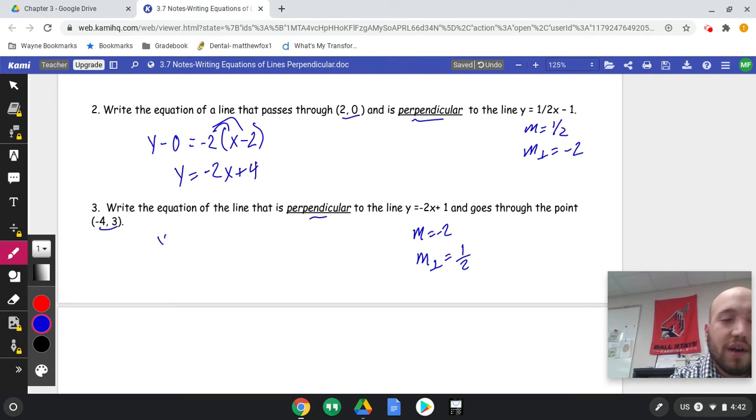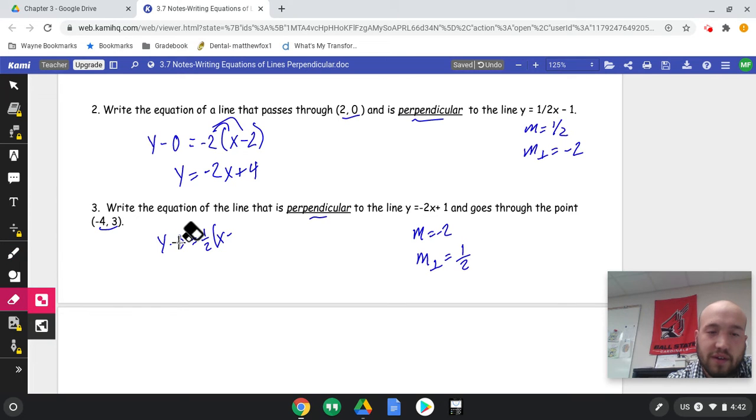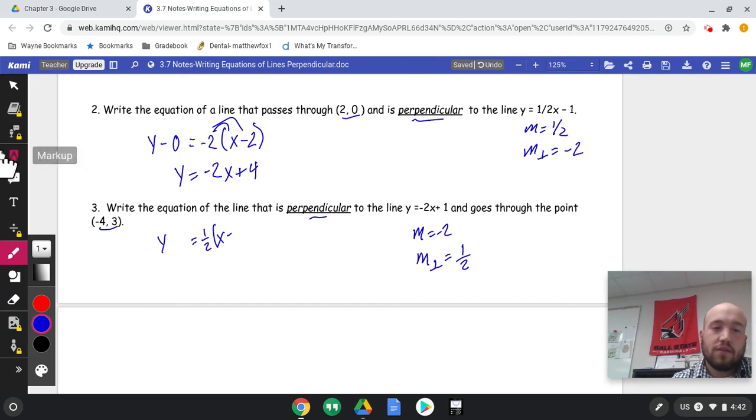So it'll be y minus 3 equals 1/2 parenthesis x minus, oh shoot, I flipped my x and my y. So let me fix that. Oh no, I did that right. y minus 3 equals half times x minus negative 4.